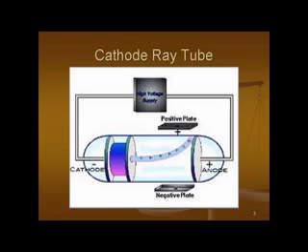On the right-hand side of the cathode ray tube, you see an anode, which is the positively charged metal disc, and then above and below you see a positive plate above and a negative plate below, which shows there's an electrical field with the positive side above, negative side below.